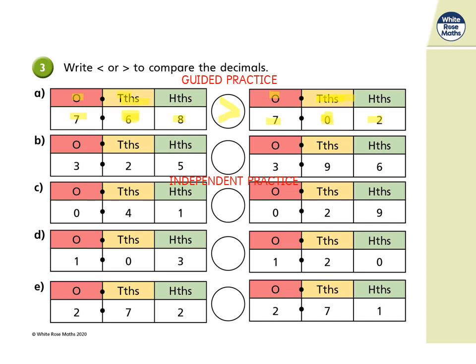Now, let's have a look at B before you have a go at your independent practice. Again, I'm going to start with my highest value on my place value column, which is my ones column. I have 3 in my ones column there, and I also have 3 in my ones column there. Now, let's go to the second highest value in this number, which is the tenths, because I know that hundredths is the smallest value in these numbers. Here, I have 2 tenths.